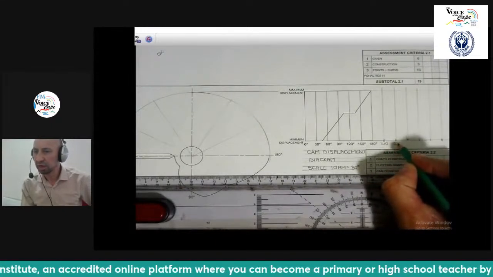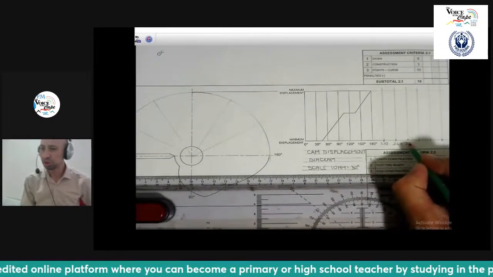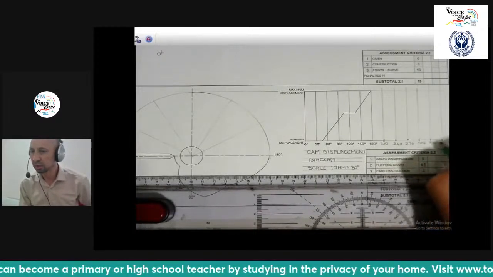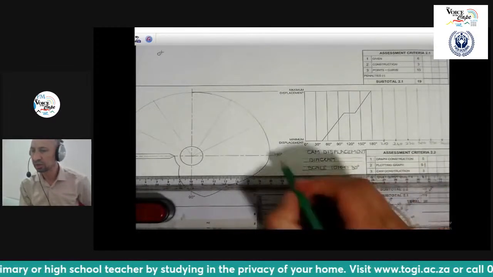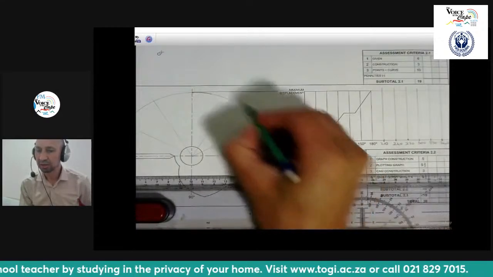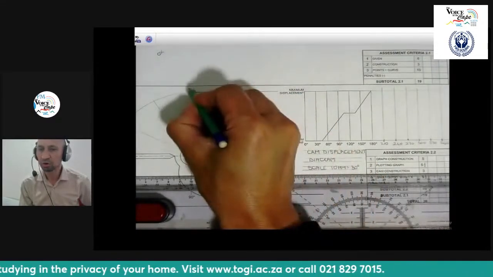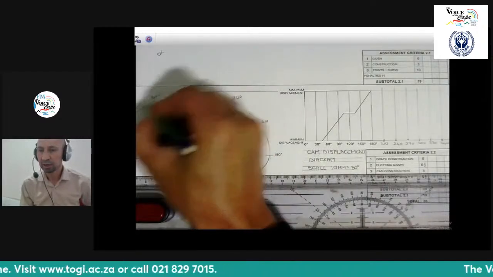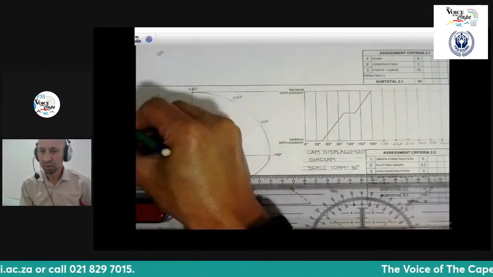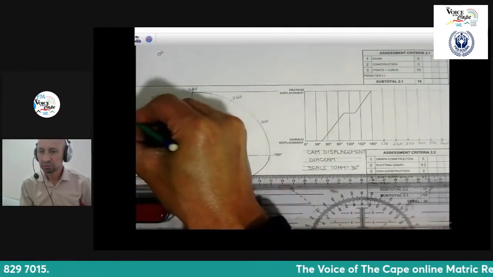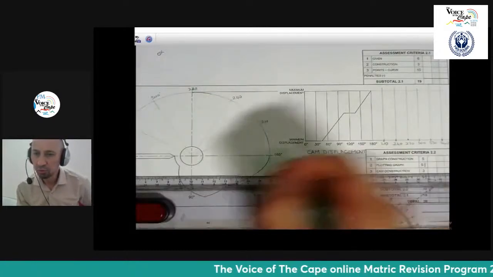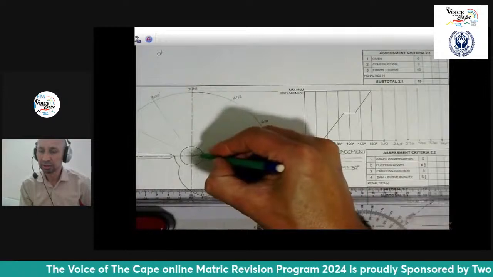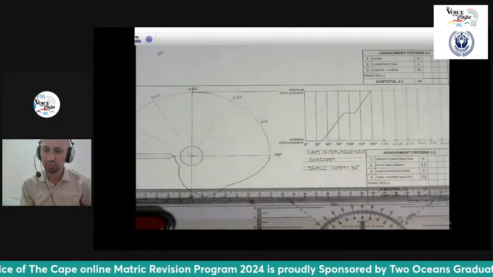And then I'm going to label it like I normally should with the 210, 240, 270, 300, 330, and 360. And in the same vein, I do it on my rotational section of my cam, which is where my cam profile is going to be: 210, 240, 270, 300, 330, and 360 is exactly where 0 is going to be.